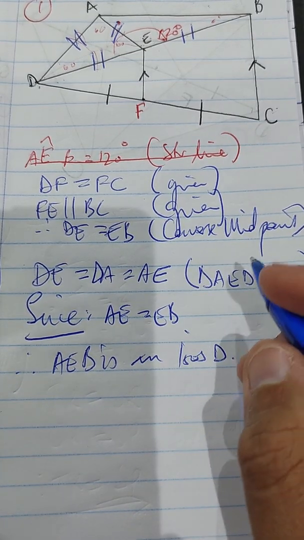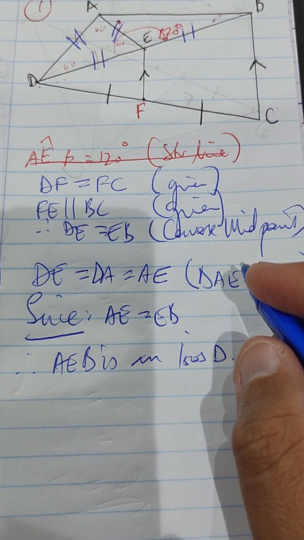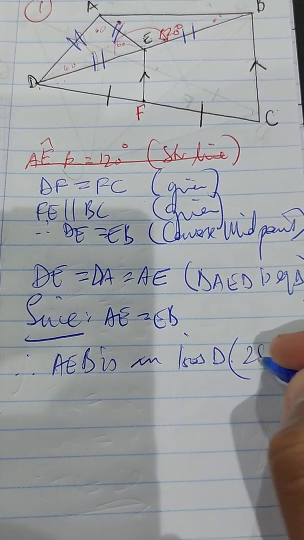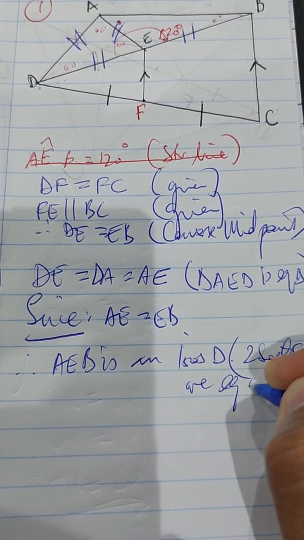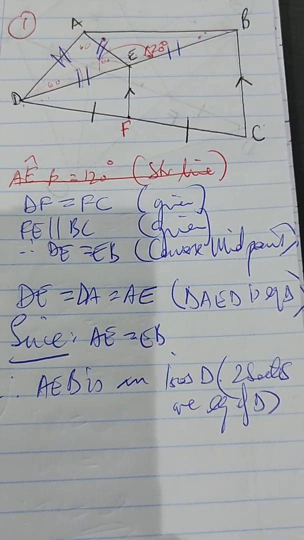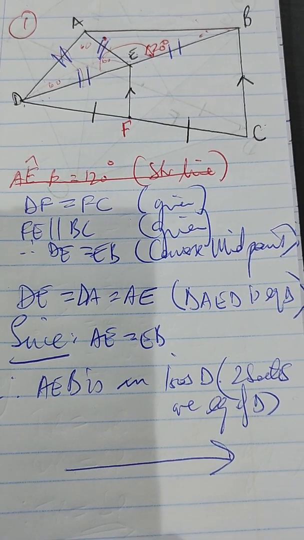Why? Because two sides of the triangle are equal, so it has to be an isosceles triangle.